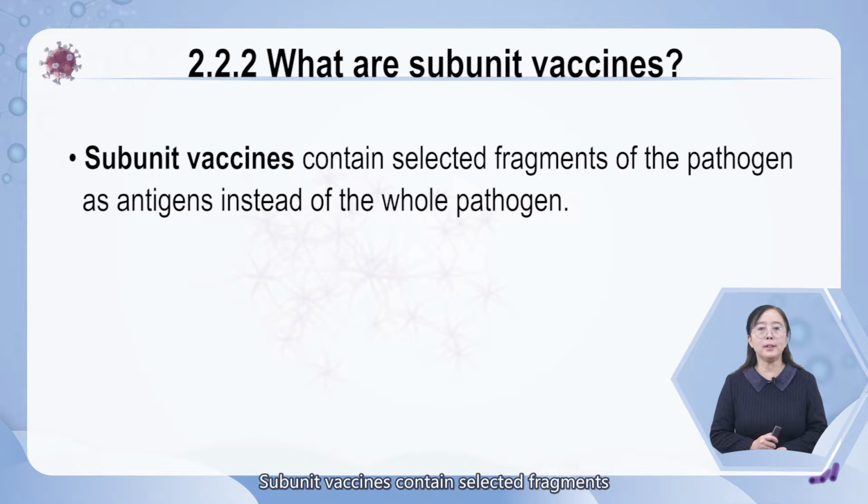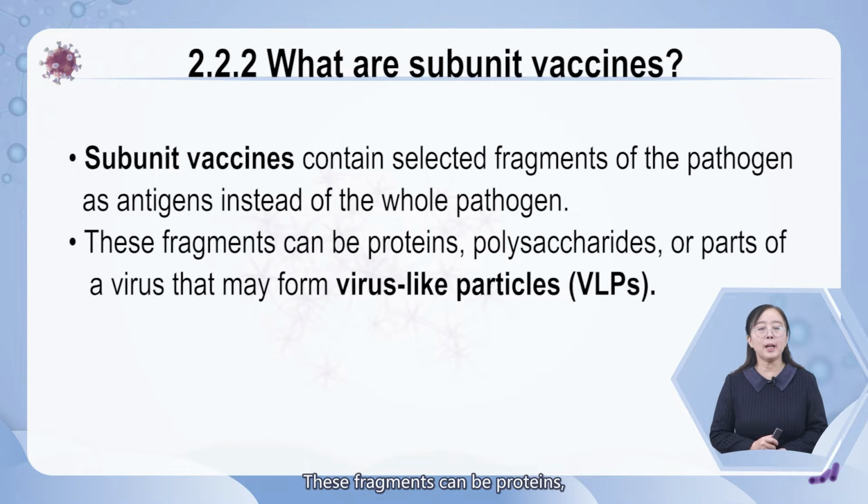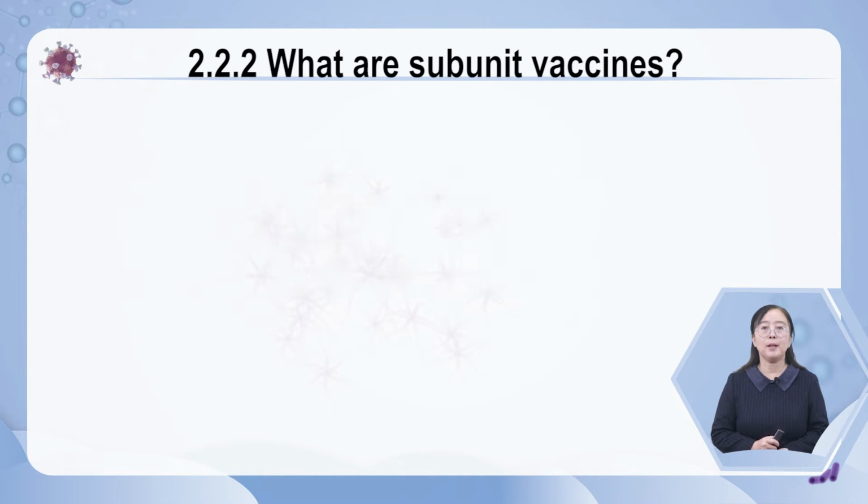A subunit vaccine contains selected fragments of the pathogen as antigens instead of the whole pathogen. These fragments can be proteins, polysaccharides, or parts of a virus that may form virus-like particles. We call them VLPs.